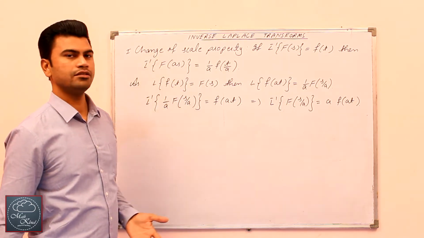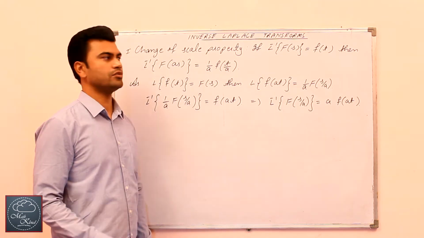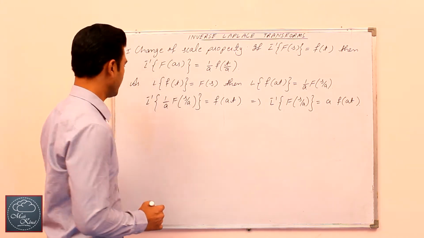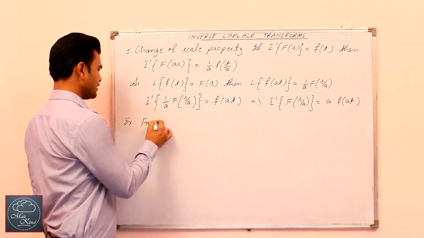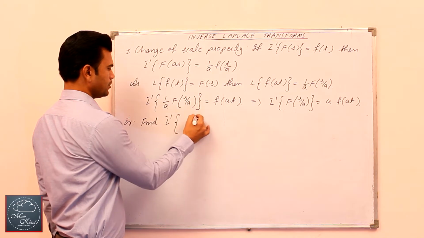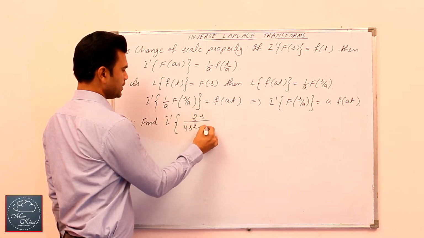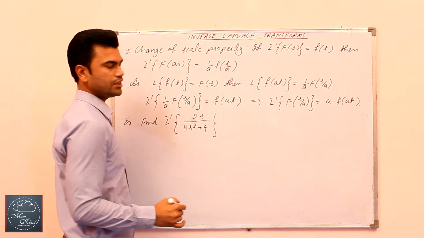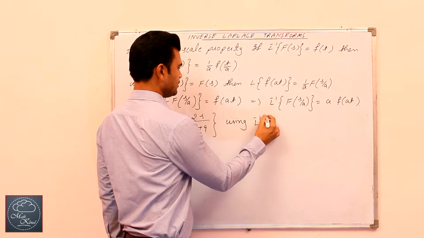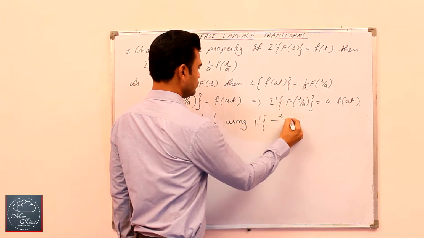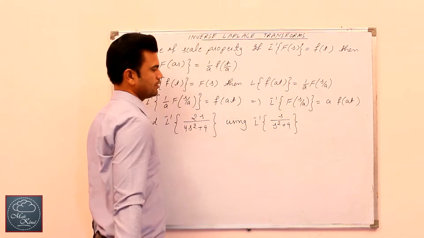So let us use this result to find the inverse Laplace transform of one function. Let us try to find the inverse Laplace transform of 2s over 4s square plus 9 using the inverse Laplace transform of s over s square plus 9.